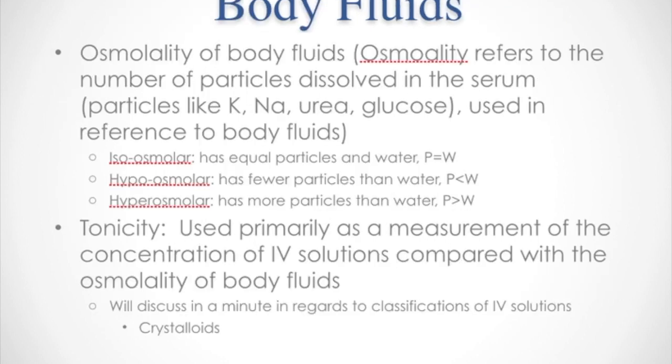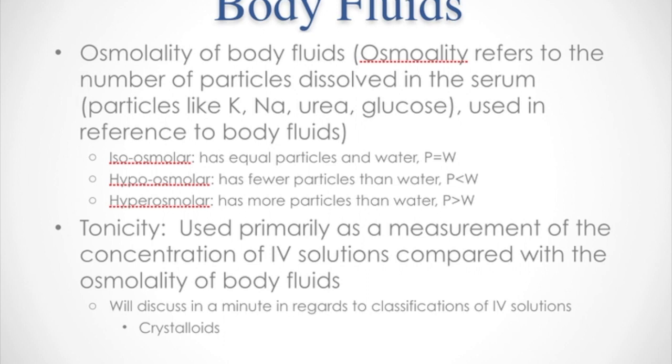So from there, we talk a little bit about the body fluids, and two terms that we use to refer to the number of particles or the concentration are osmolality and tonicity.